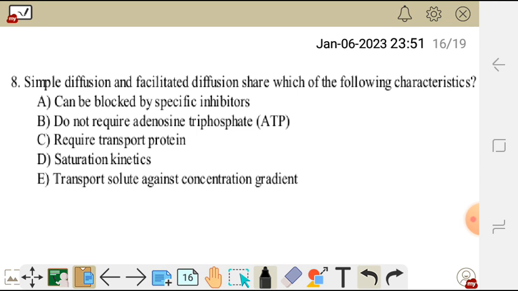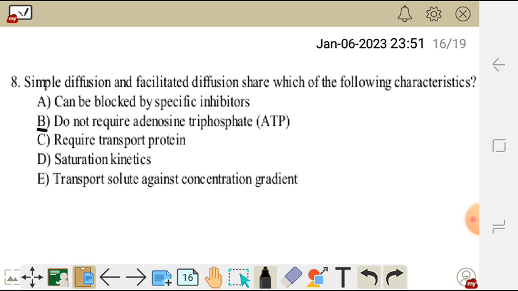Question 8. Simple diffusion and facilitated diffusion share which of the following characteristics? A, can be blocked by specific inhibitors? No. B, do not require adenosine triphosphate? Yeah.